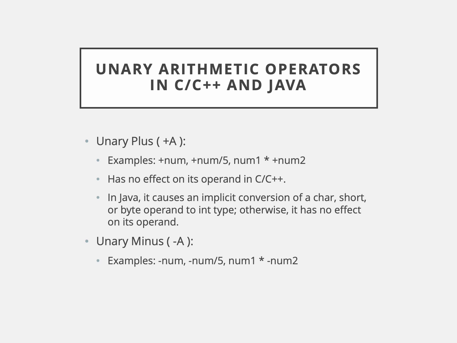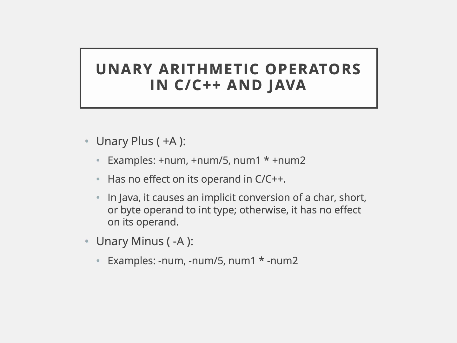Now that we understand arithmetic expressions, let's see what unary arithmetic operators are in programming languages like C, C++, and Java. As I said, unary operators operate on a single operand and are commonly used in mathematical expressions.